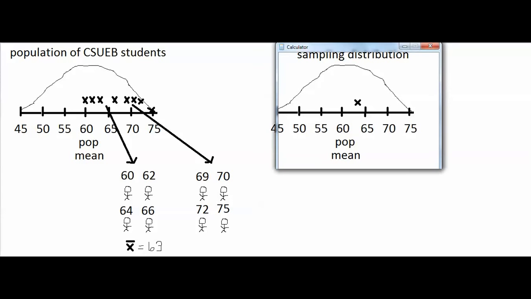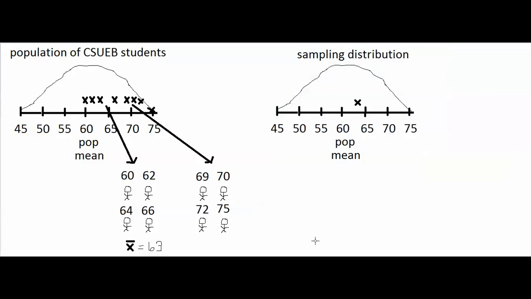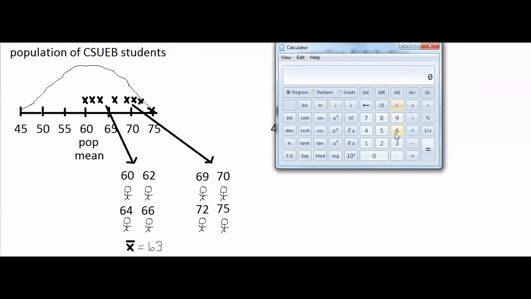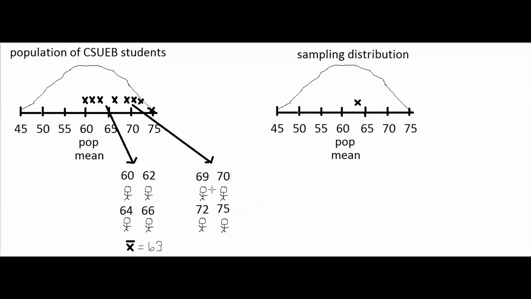If I calculated the mean of this sample, if I added their 4 heights and divided by 4, I would get 71.5, because this is a taller group of people than this group of people.